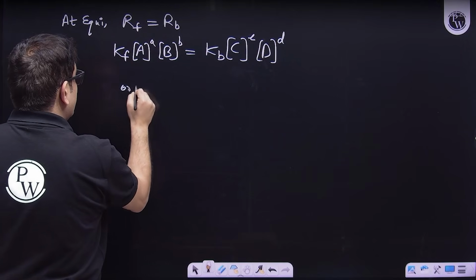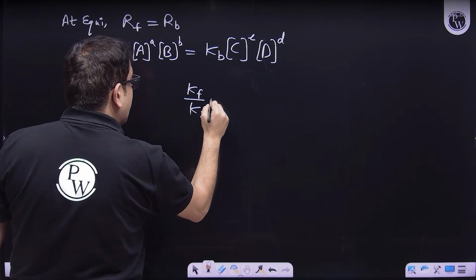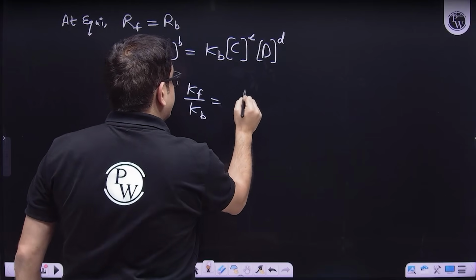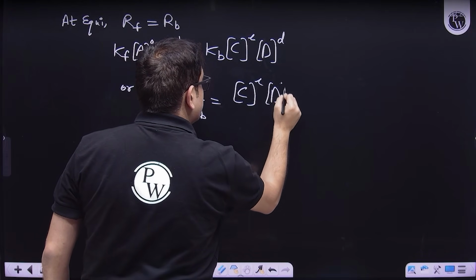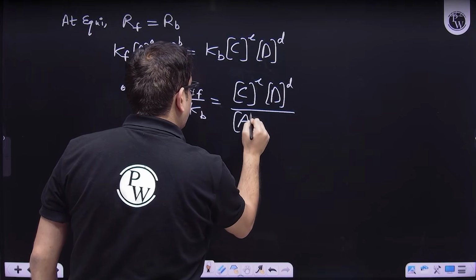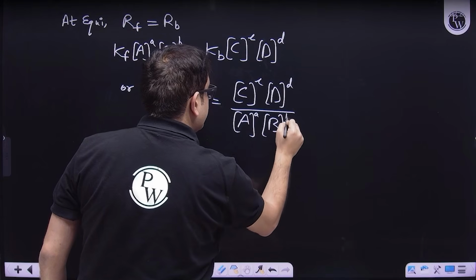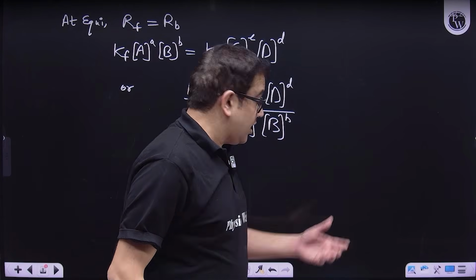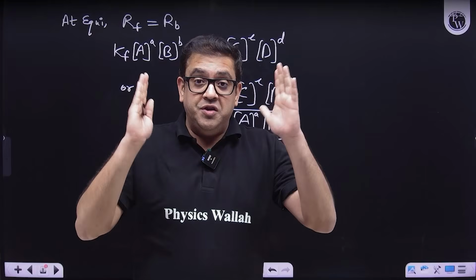So you get Kf upon Kb as the concentration of C raised to the power c, the concentration of D raised to the power d, upon the concentration of A raised to the power a into the concentration of B raised to the power b. Now, sir, we have taken a lot of time to write this, but this is very, very important.